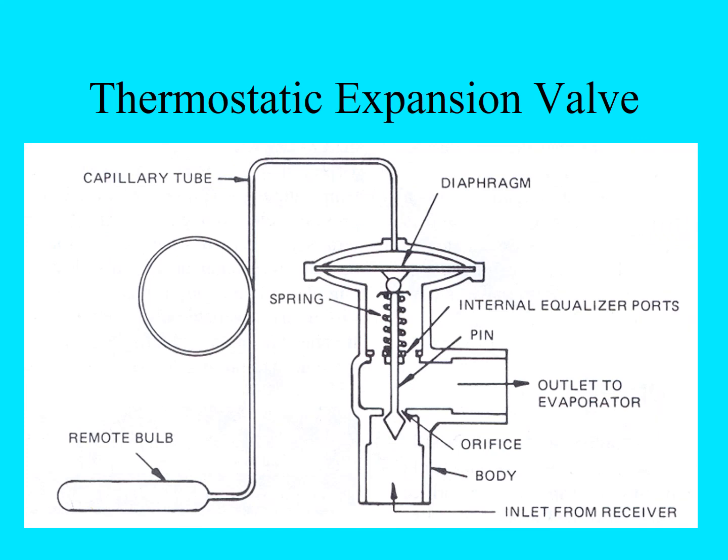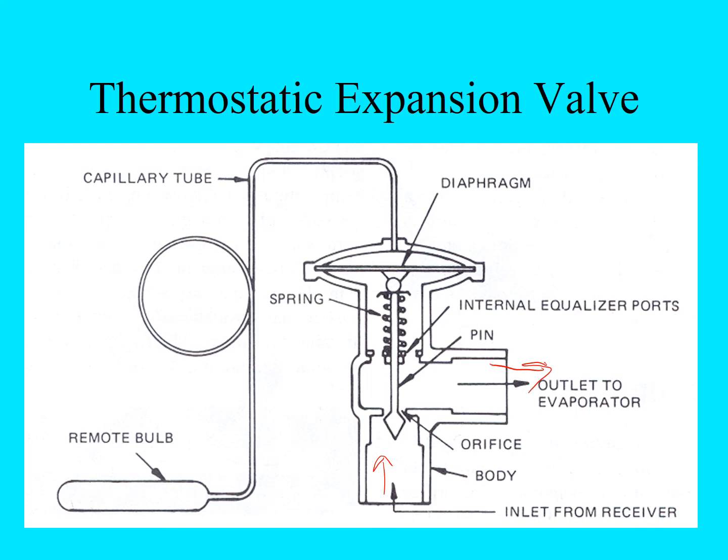So here's a thermostatic expansion valve with the capillary tube that was on the other slide. So again, we would have liquid refrigerant, high temperature, high pressure coming in on this side of the valve, and low pressure, low temperature liquid on the outlet side.